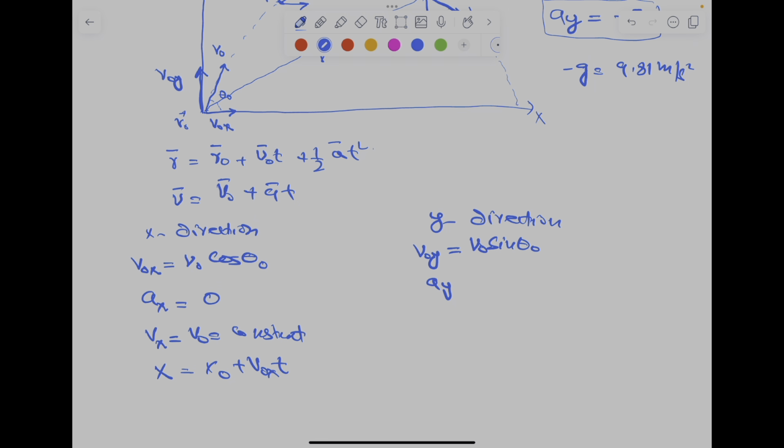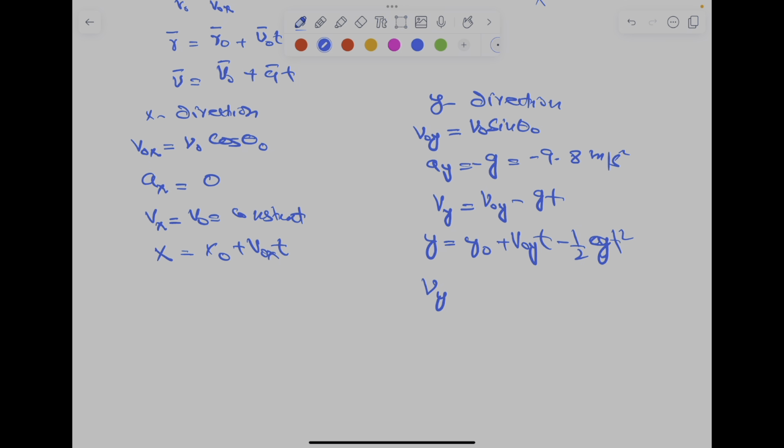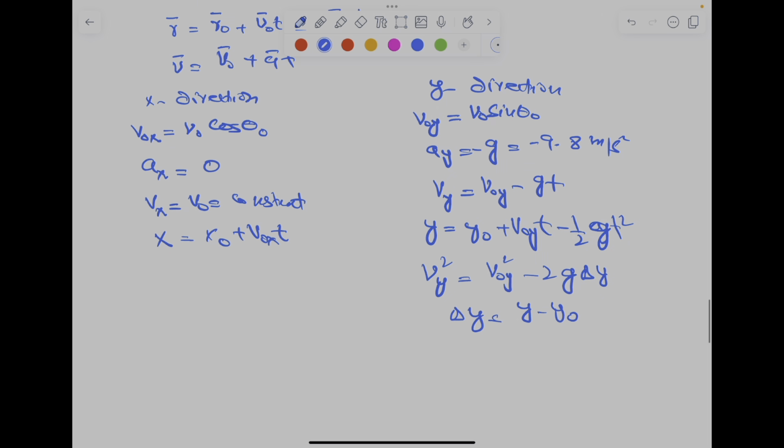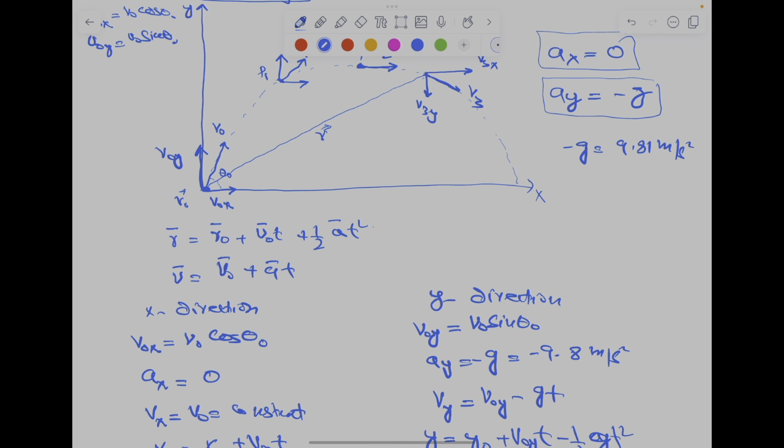Then your acceleration along the y is minus g, which is nothing but 9.8 meters per second squared, and vy equals v naught of y minus gt, and the y equation will become y naught plus v naught of y t minus 1/2 gt squared, and the final velocity along the y will be v squared equals v naught squared minus 2 g del y. Del y means y minus y naught.